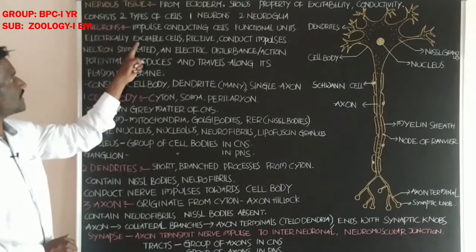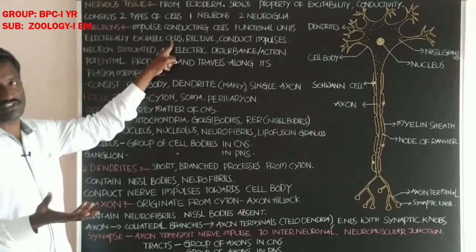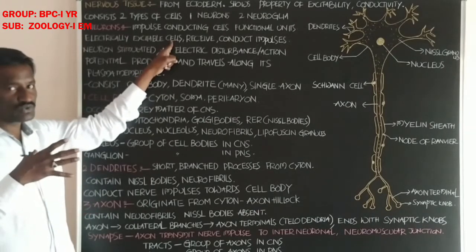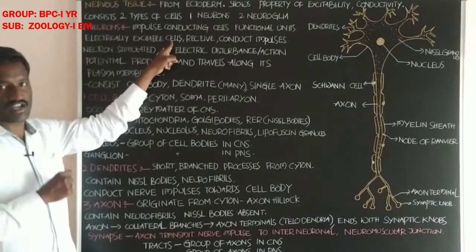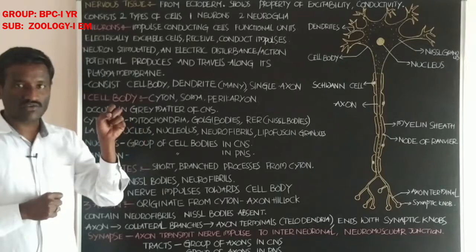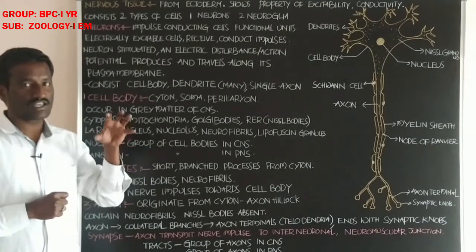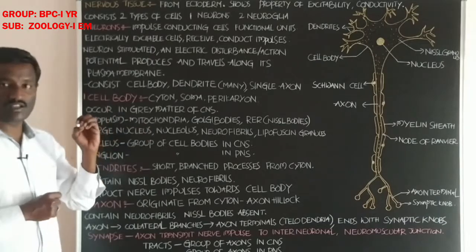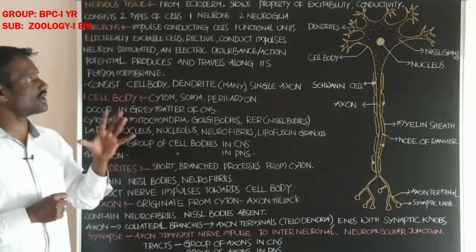Next, these are electrically excitable cells. They receive stimuli from the outer surrounding environment. Neurons receive nervous stimuli, receive impulses in the form of electrical impulses, electric potential or action potential.